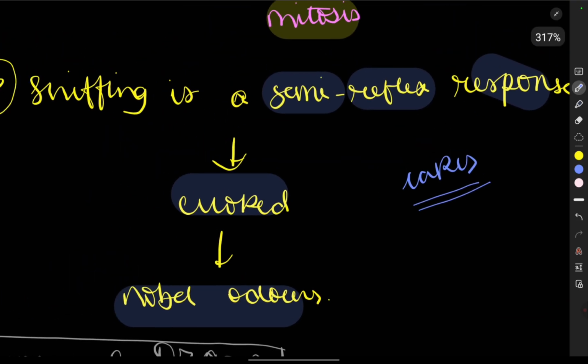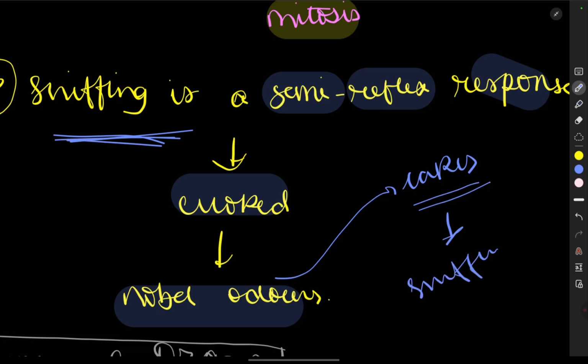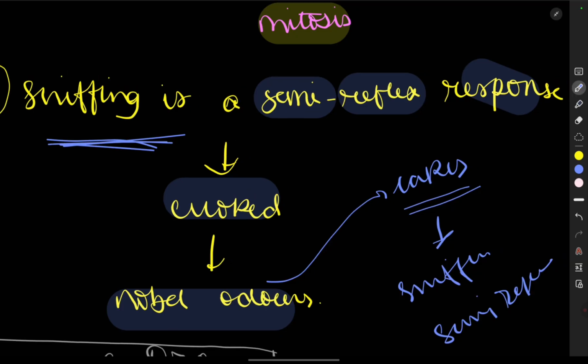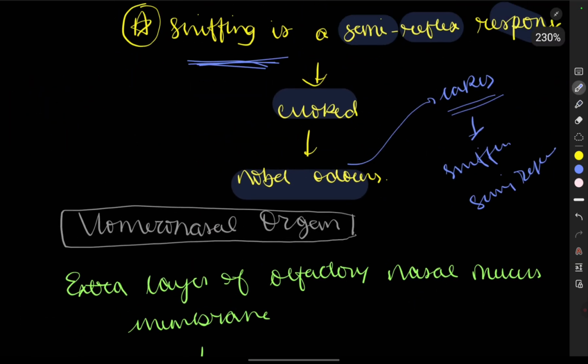If someone brings me a cake, just by the perception of the odor that the cake is producing, that noble, pleasant odor evokes a response, that is sniffing. And sniffing is a semi-reflex response. This is important to know.